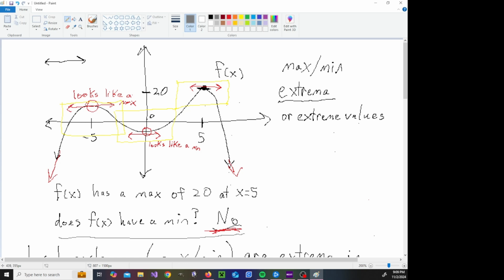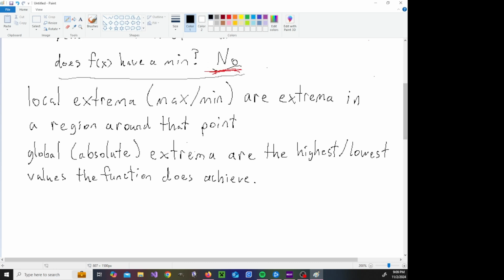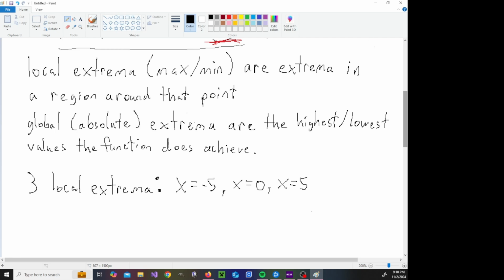Still no. So this function has three local extrema, and we said that they happened at x equals -5, x equals 0, and x equals +5 in this example. However, one of these local extreme values is also a global maximum.